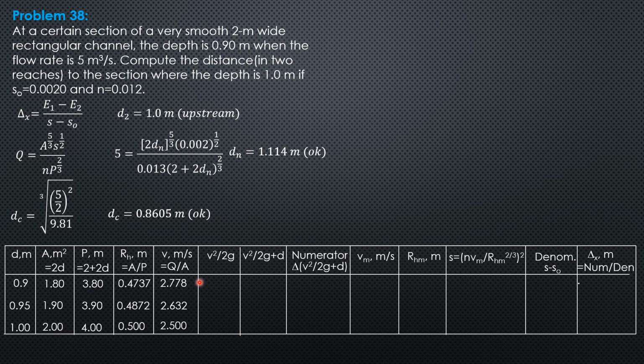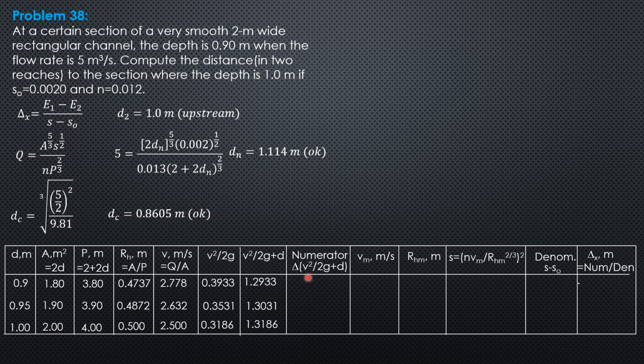Then 2.778 squared divided by 19.62, that's this column here, 0.3933. 2.632 squared over 19.62 is 0.3531. 2.5 squared divided by 19.62 is 0.3186. Then this velocity head plus depth 0.9, so 0.9 plus 0.3933 is 1.2933. 0.95 plus 0.3531 is 1.3031. 1 meter plus 0.3186 is 1.3186.